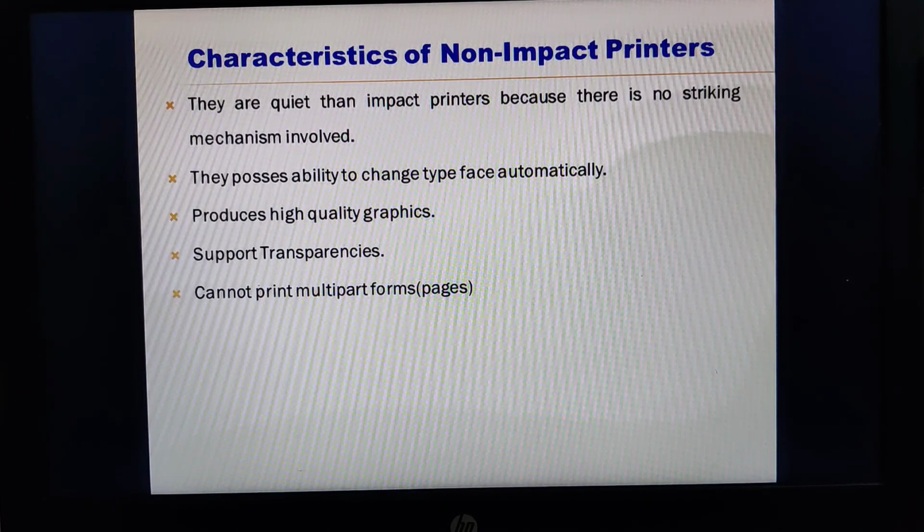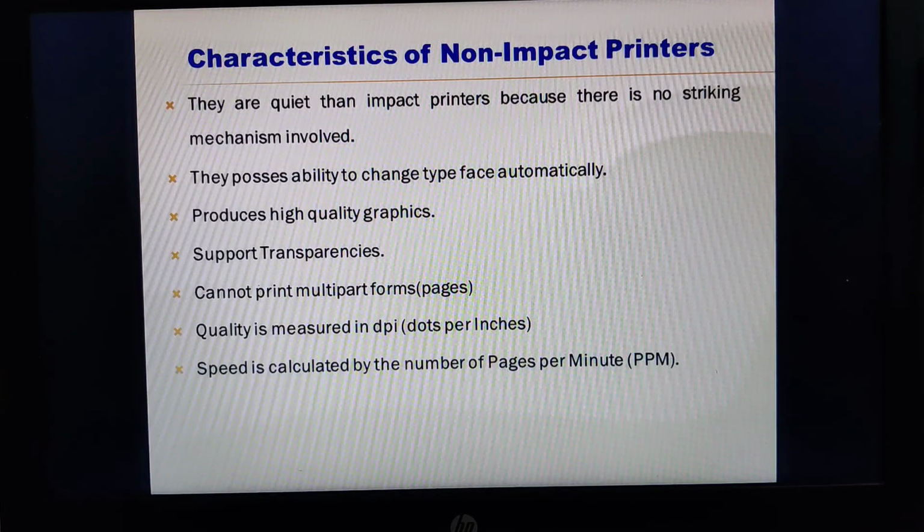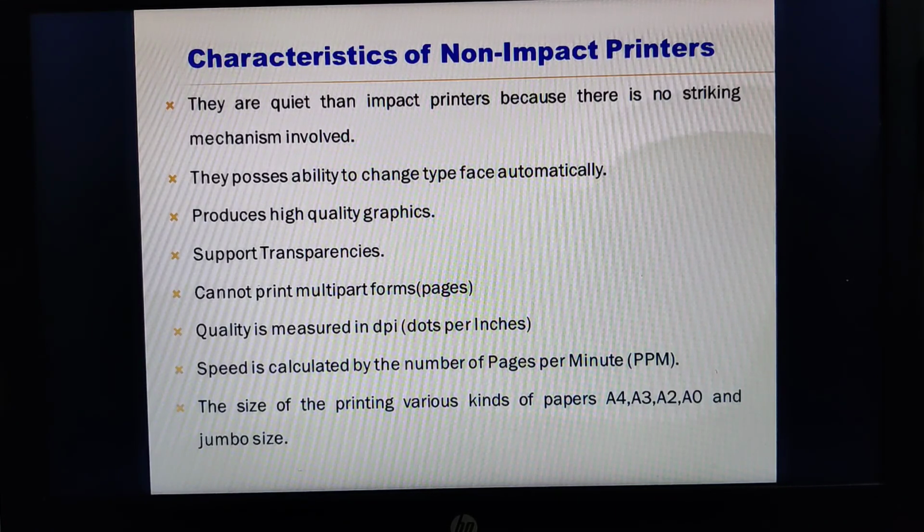Here the quality is measured in terms of dots per inch, that is DPI. And the speed is calculated by pages per minute, that is PPM. As for the size of the printing, it supports various paper sizes like A4, A3, A2, and jumbo size.